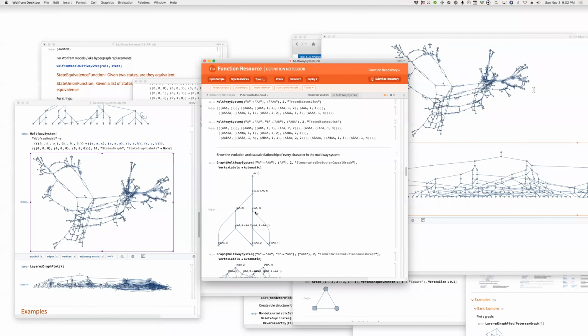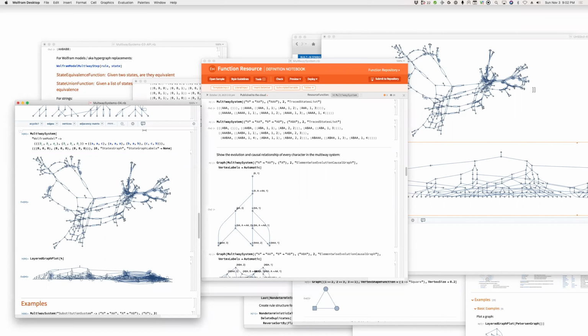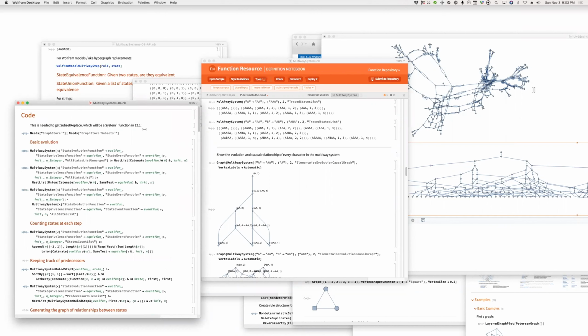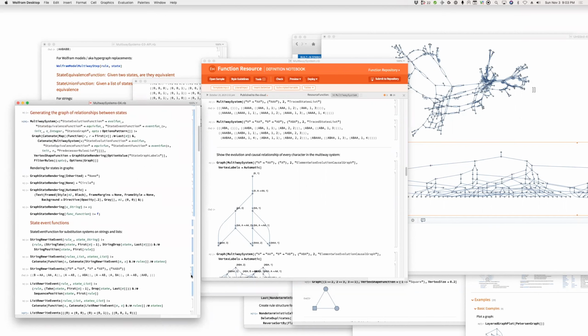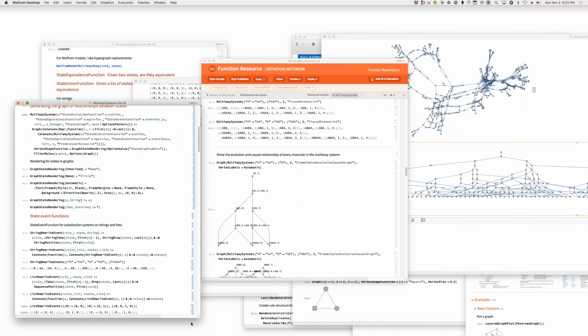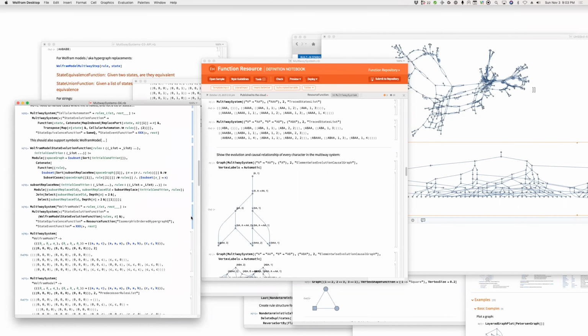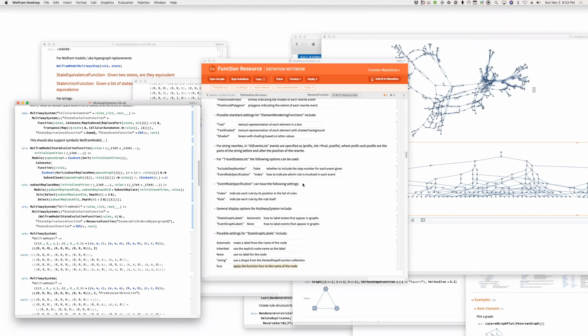I think you just got to look at this code. Okay, so this is in Multiway Systems 04. I can copy all this code into here.